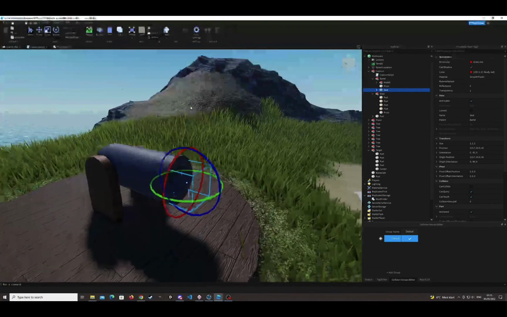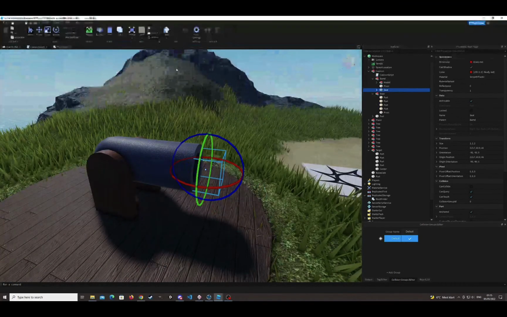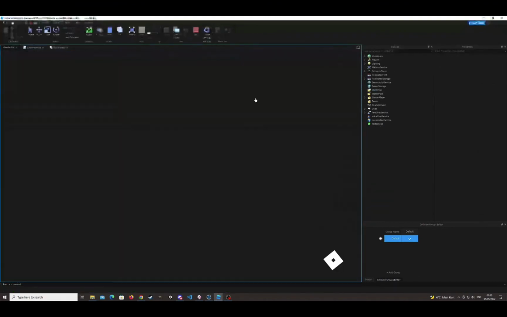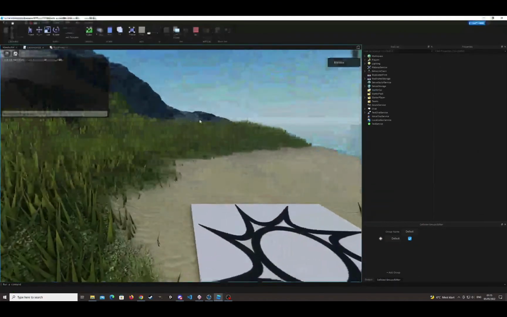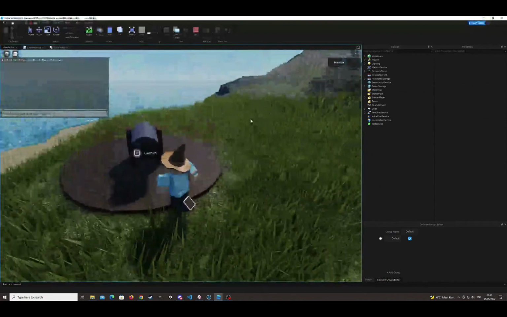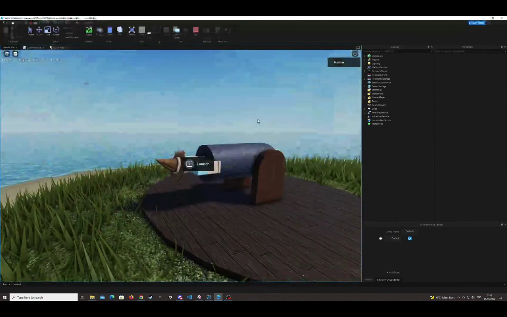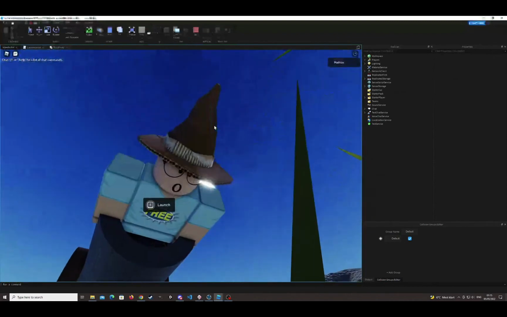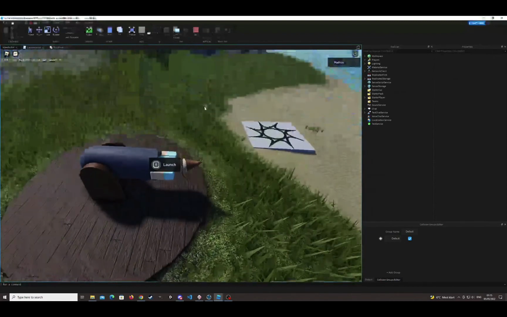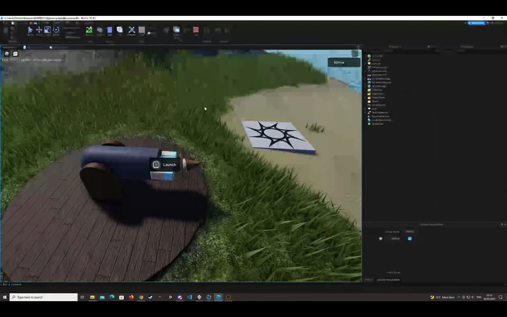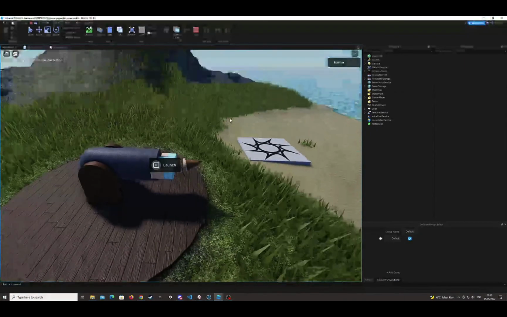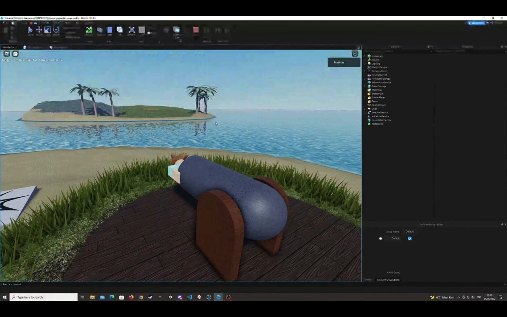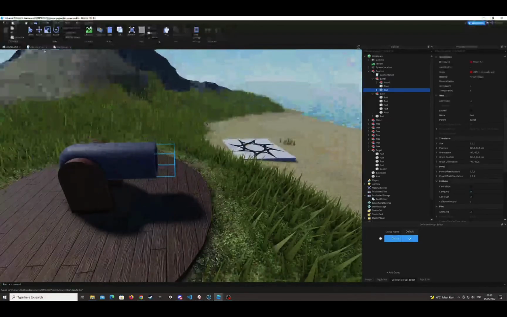Maybe I want to orient it a little differently. It actually looks like we're sitting in the cannon. There we go. Okay.